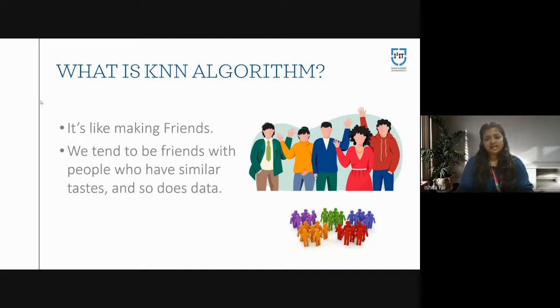So what is the KNN algorithm? The K nearest neighbor algorithm is a process like making friends. Yes, you heard it right. We tend to be friends with people who have similar tastes, and so does the data. When we have a huge data set, we classify it into categories, so similar types of data stay in the same cluster. This is the concept of KNN.